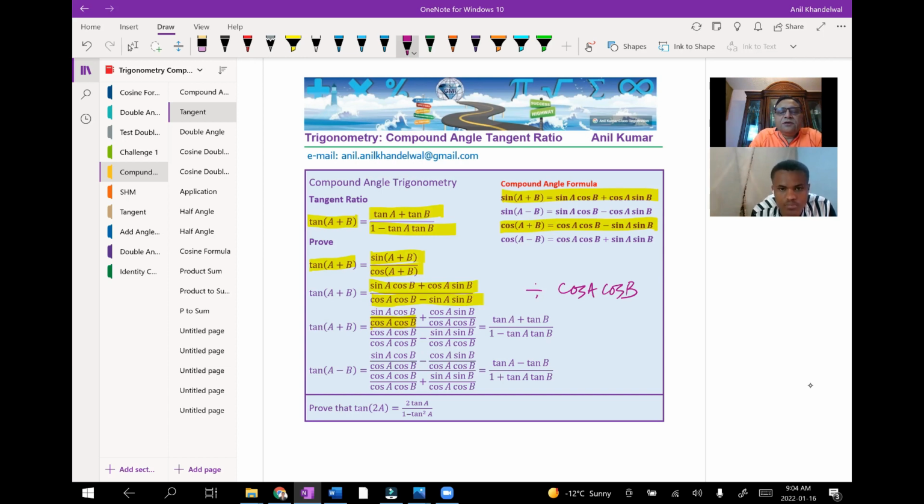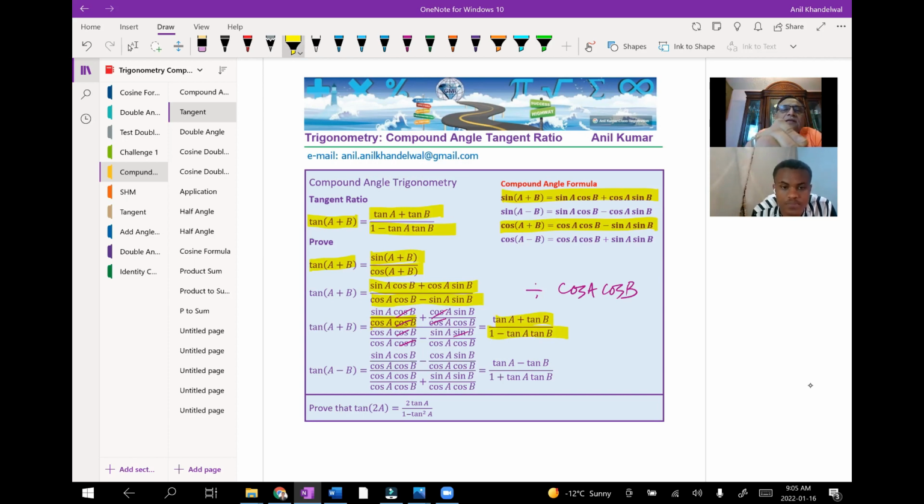So when I divide by cos A cos B, in the numerator the first term's cos B cancels, the second term's cos A cancels. Similarly, in the denominator also, these cosine terms cancel, right? Yeah. And therefore, you are left with sine over cosine, which is tangent of the angle. And we do get tan A plus tan B in the numerator, 1 minus tan A tan B in the denominator. You get the idea. Yeah.